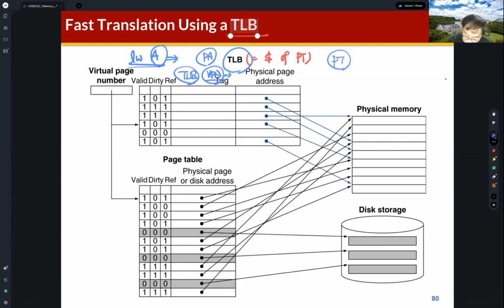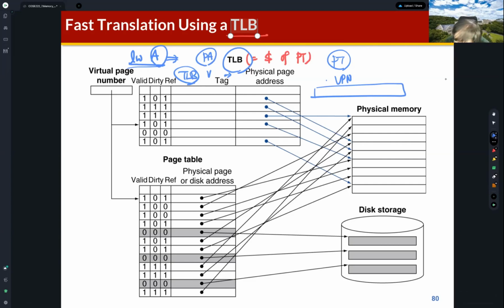So the TLB has many entries, each with a virtual page number. And as I mentioned, the TLB is referenced by virtual page number. Okay.